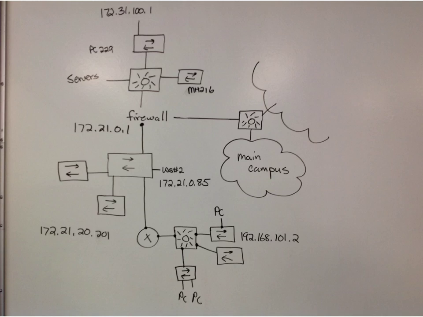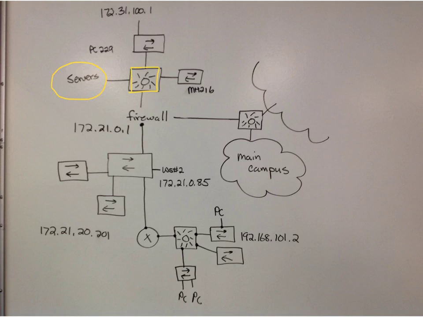Here's a logical diagram, something similar, but these things are in different rooms. So we show the servers are connected to this multi-layered switch, but this multi-layered switch is in 228A.